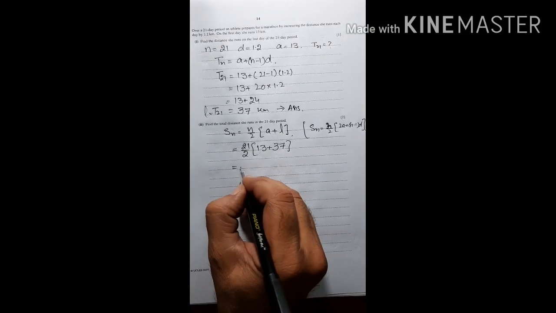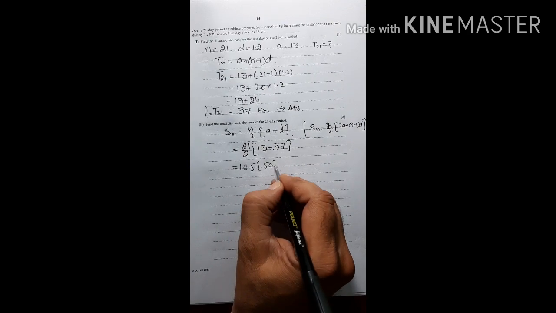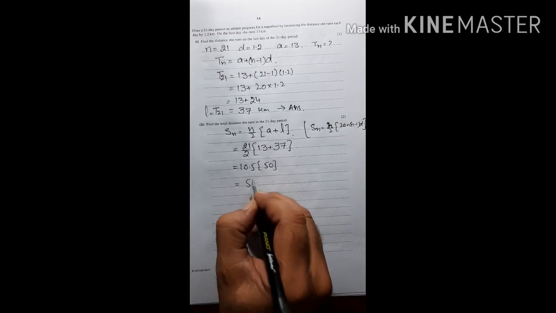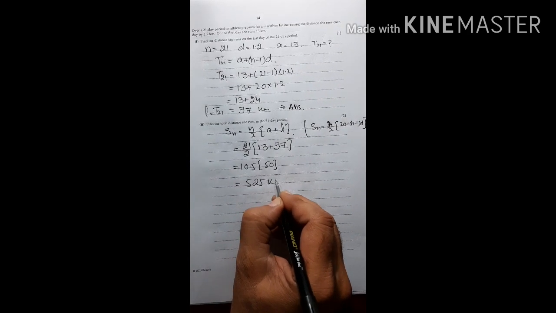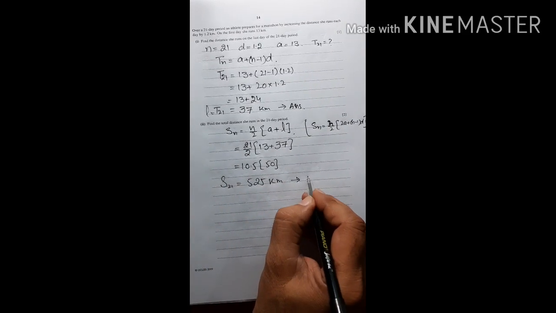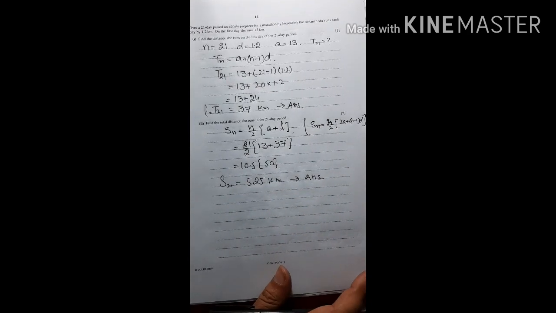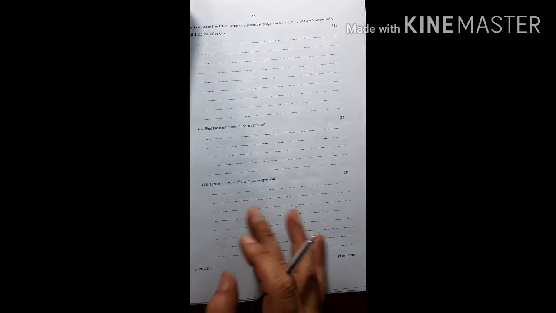So this will be 10.5 into 50, that is 525 kilometers. This is the total distance she will run in the 21 days period.